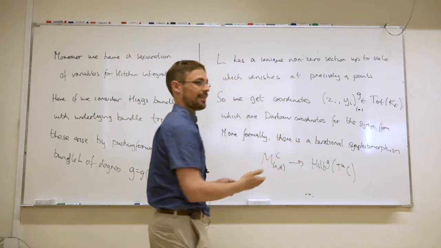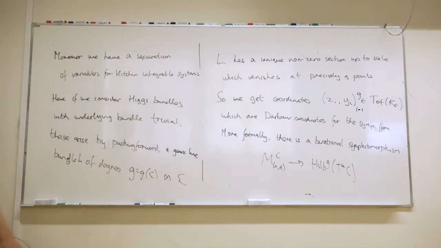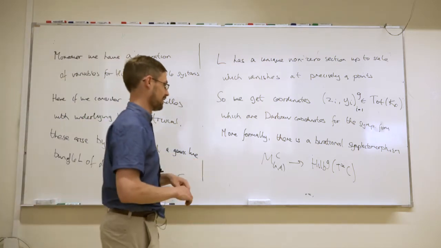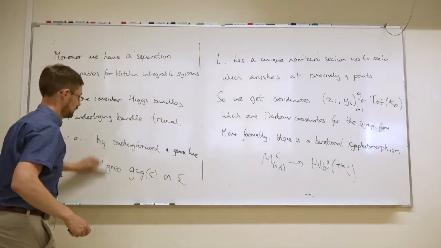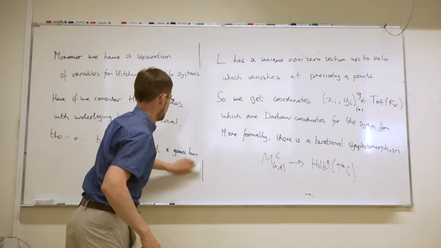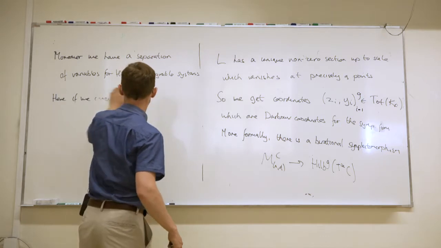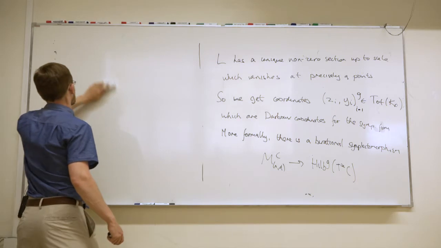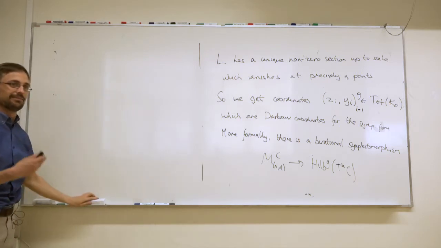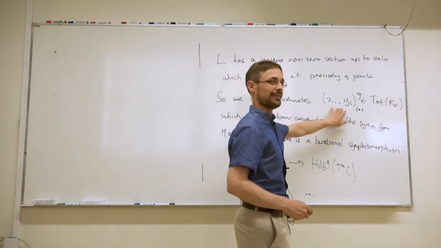So in a sense, Hitchin systems can really be solved in a strong way. At least you can reduce it to a bunch of one-dimensional problems.